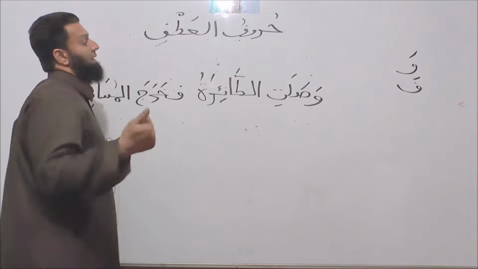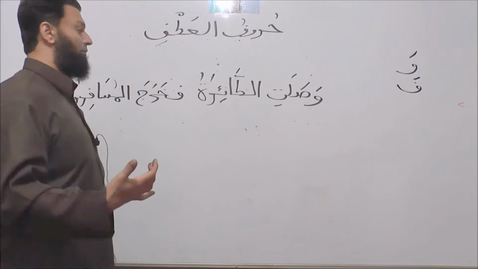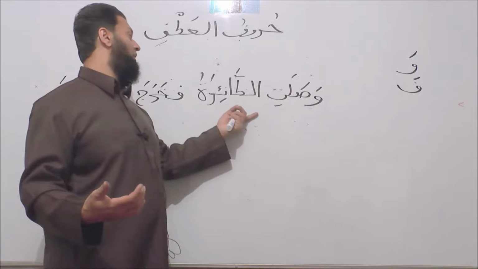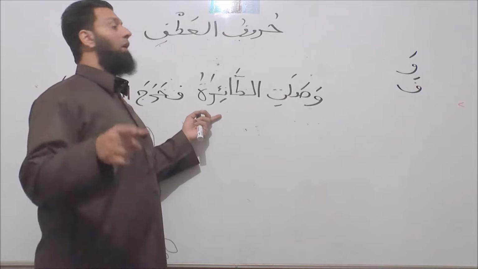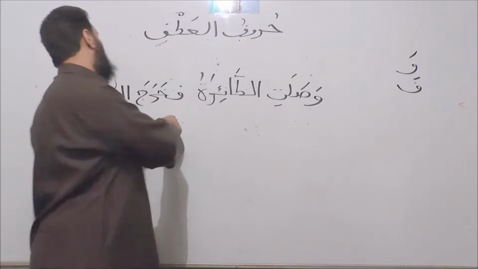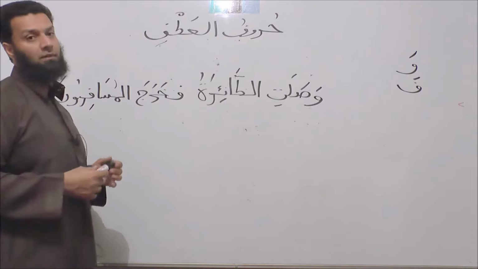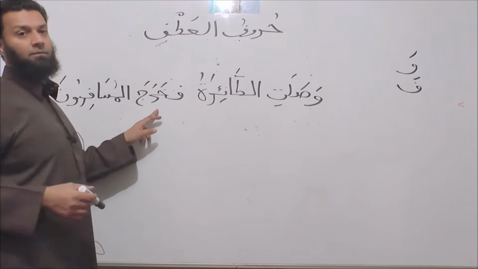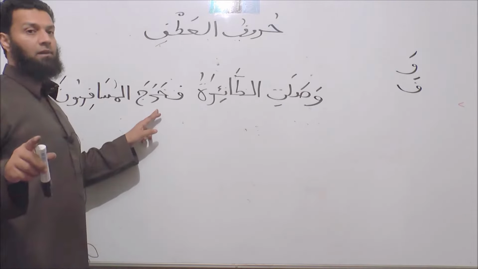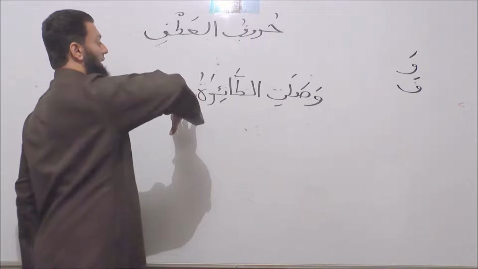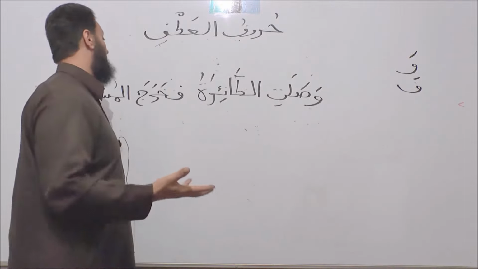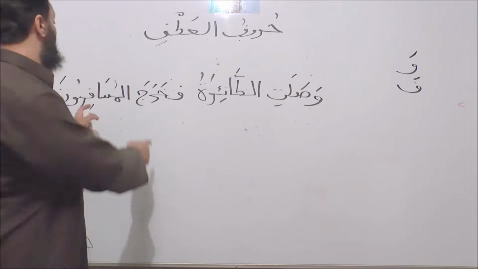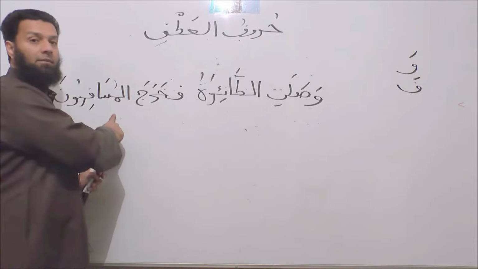But what is its function here? وصلت الطائرة. The aeroplane arrived. فخرج المسافرون. And the travelers exited. Right? So what do we have? We have a sequence of events. First the aeroplane arrived. And then the travelers exited.